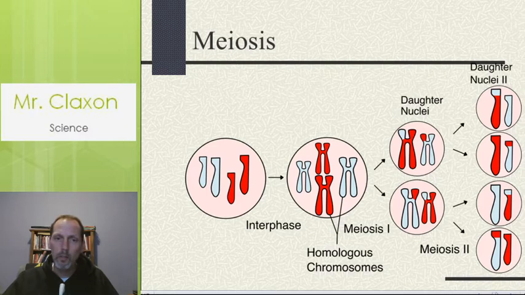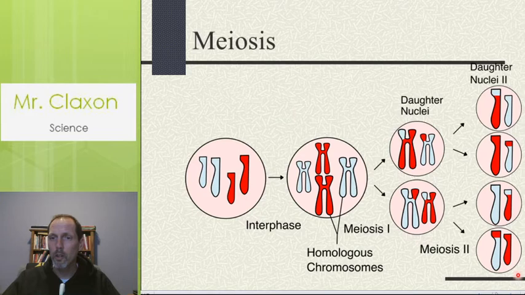If we look at this another way, again with pictures instead of letters, you can see that we begin with one cell with duplicate chromosomes, and they will get copied, and divide again. So now you end up with 4 different cells.